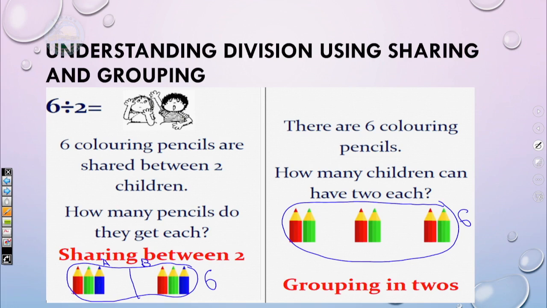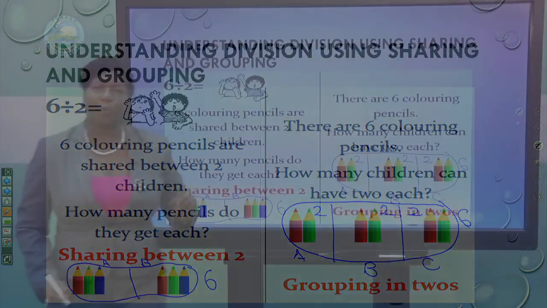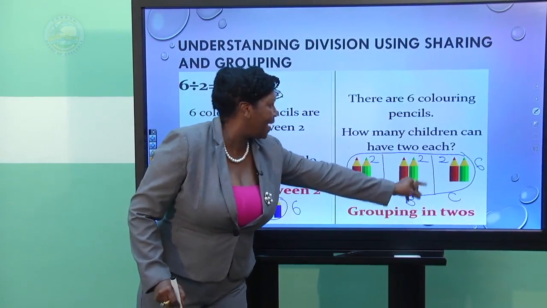So you put them into groups of 2. One group here to divide the groups. So you have 1, 2 in this group, A, 2 in group B, and 2 in group C. So A, which is one group, B, another group, and C, another group.